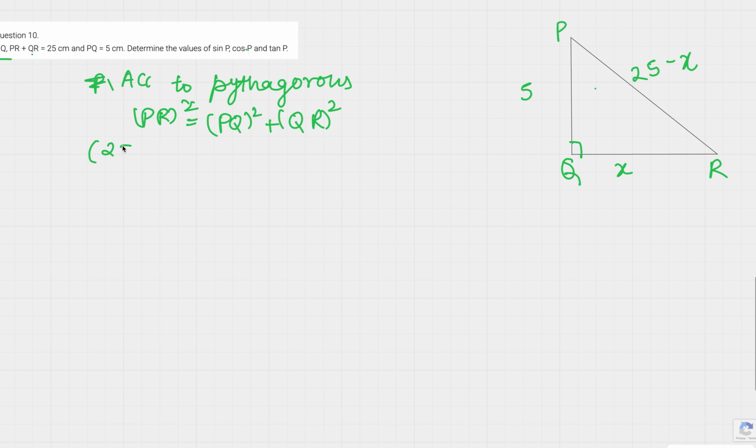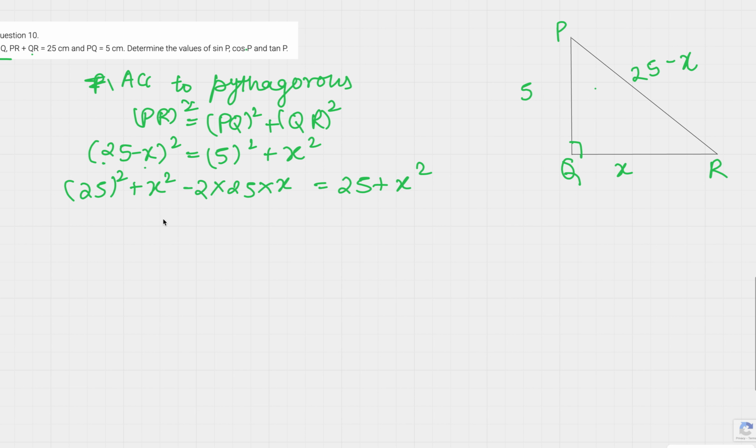PR is (25 minus X) square, PQ is 5 square, plus X square. Using (A minus B) square equals A square plus B square minus 2AB, we get 625 plus X square minus 50X equals 25 plus X square. X square and X square cancel.